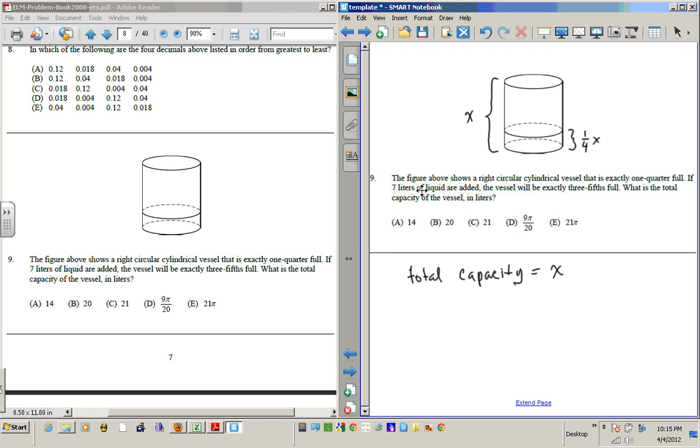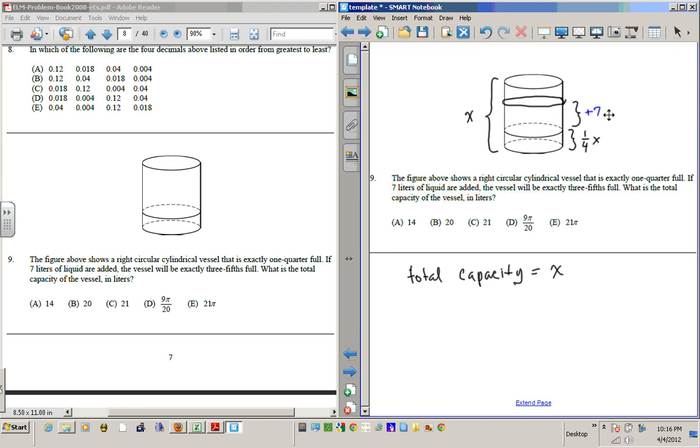So it says if 7 liters were added, it becomes 3/5 full. So let's say after adding 7 liters, it came up to this height right here. 7 liters was added on to it, so this is plus 7.